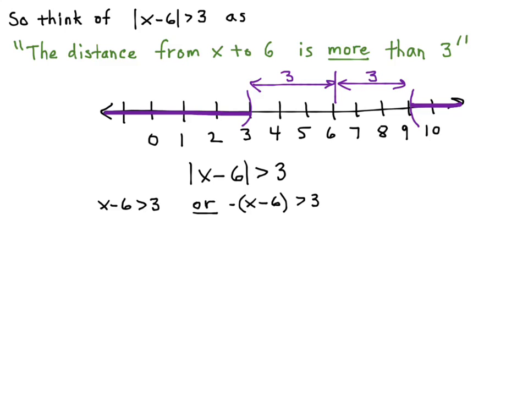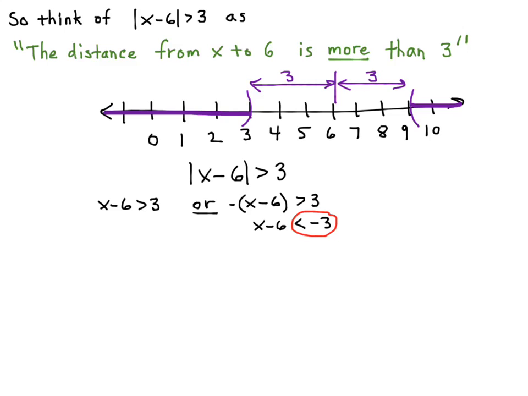If I do this thing of saying the absolute value changes the sign when I have a negative number, I have this negative x minus 6 is greater than 3, right? So all I've done is change the sign of that expression, keeping it greater than 3. And if I multiply through by negative 1, I have to change that sign.